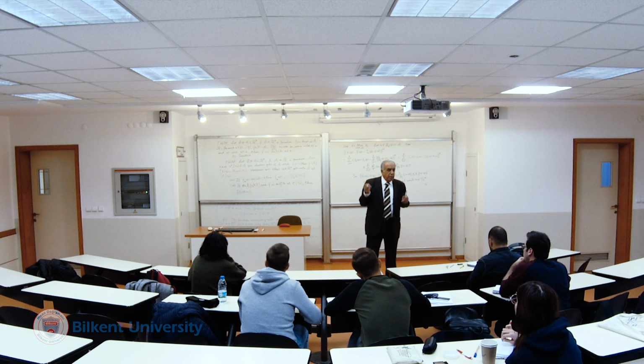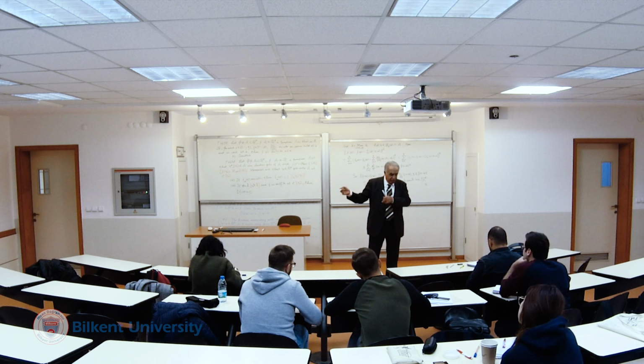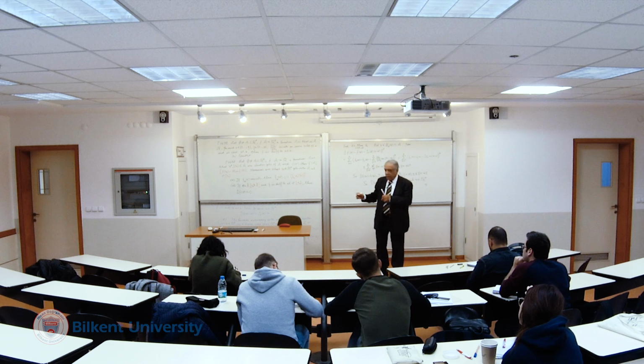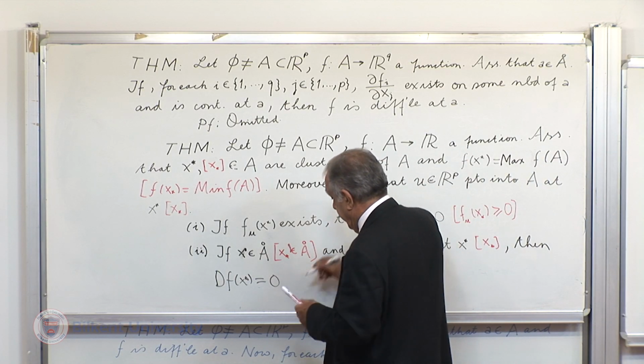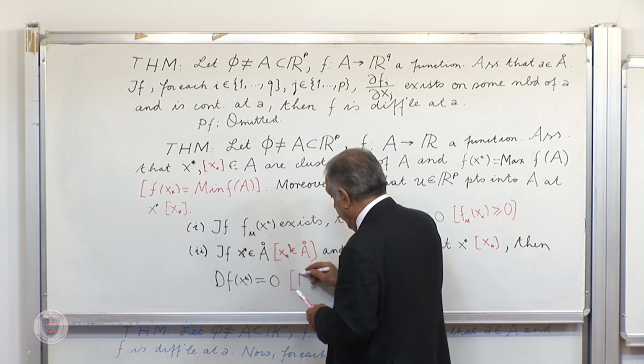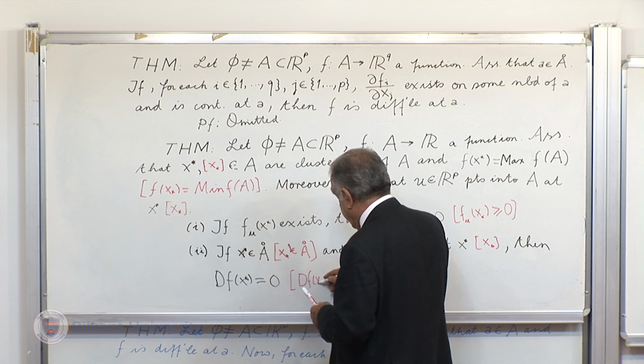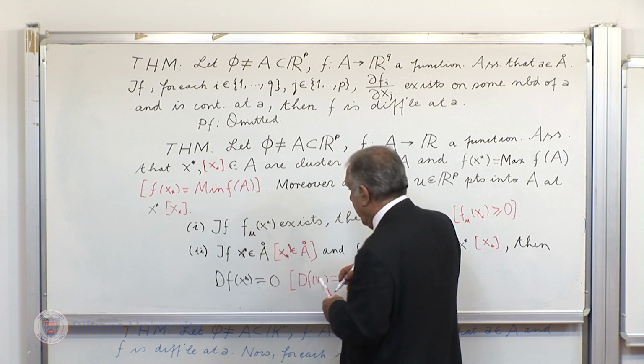It's the function which takes on the value 0 everywhere, not just the real number. And here, df of x star, that's the 0 function as well.